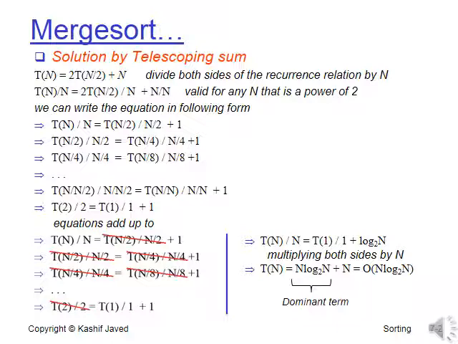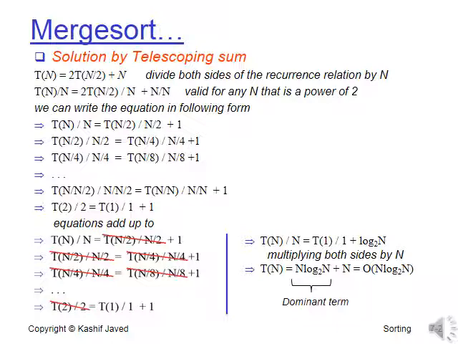So if we keep on dividing n by 2, we observe the following pattern: T(n/(n/2))/(n/(n/2)) equals T(n/n)/(n/n) plus 1. Now if we simplify, we get T(2)/2, which equals T(1)/1 plus 1.